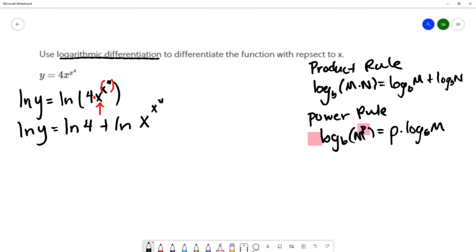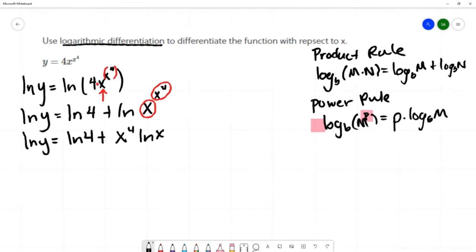And now that I have the second log with the power only on the one factor, I'm going to be able to use the power rule. So I'll use the power rule to get x to the 4th times natural log x. And now we've rewritten this in a form where it's going to be a little bit easier to calculate the derivative.